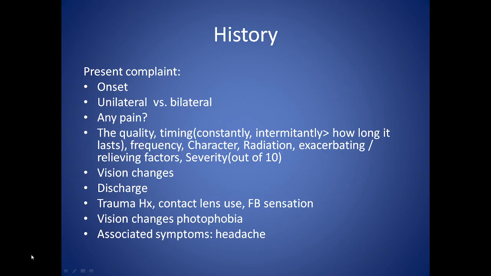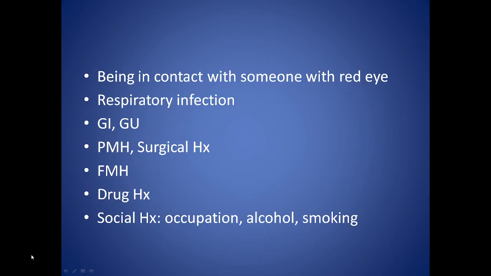It's important to ask about GI symptoms. For example, in acute angle closure glaucoma, they have nausea or vomiting, or in IBD they experience GI symptoms. It's important to ask about genitourinary symptoms, for example in sexually transmitted infections such as chlamydia, which can also cause conjunctivitis.